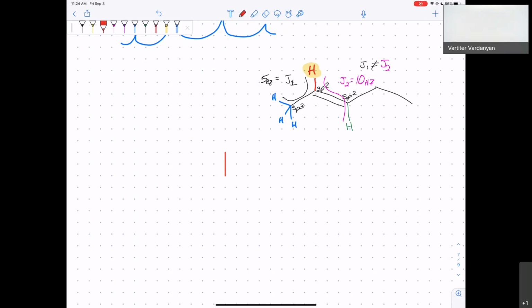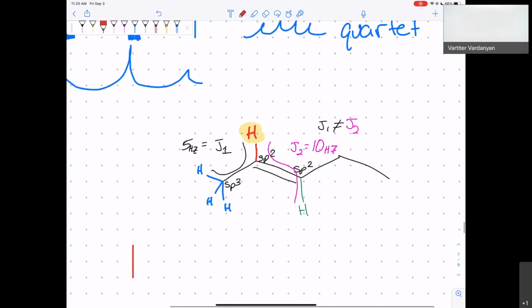Because the hybridization is different. So if we can't use N+1, what can we do? This is not an official thing, so don't go tell this to Dr. West and be like, look, formula. It's just a me thing that I made up to make life easier.